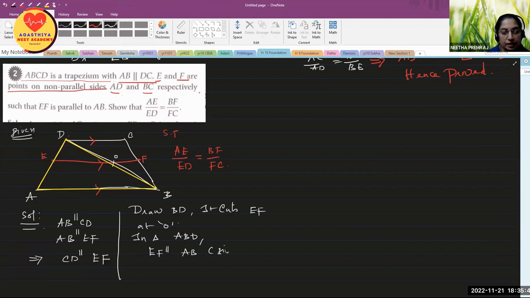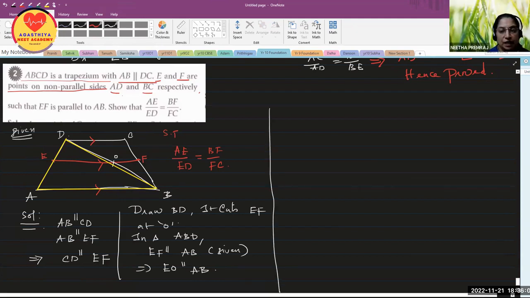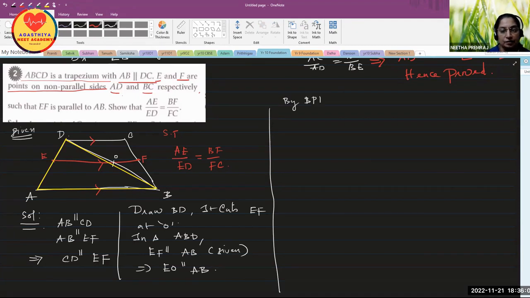It is given in the sum, which implies EO is also parallel to AB, since O is a point lying on the line, isn't it, guys? So by BPT, the basic proportionality theorem, you can write DE by EA is equal to DO by OB, isn't it? Okay, I name this as 1.